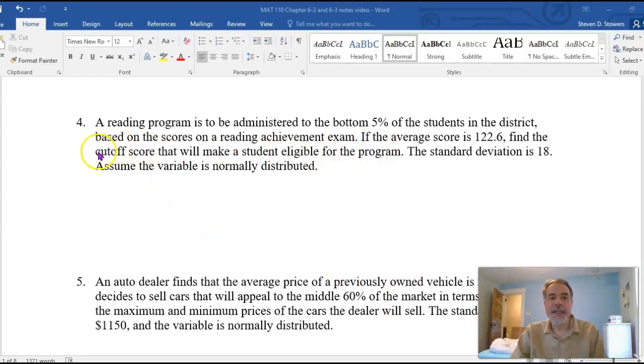So this is asking us to find a cutoff score for the bottom 5%. That is, what score on this test separates the bottom 5% of all the scores from all the others, the other 95%. If I were doing this by hand, I would draw a little bell curve and shade in about the bottom 5%.